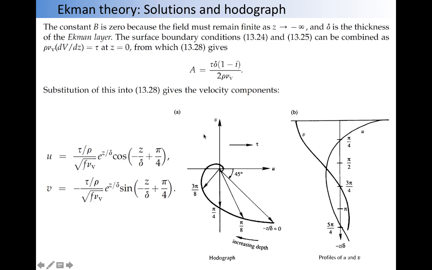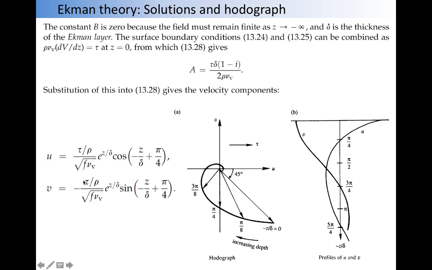In that case, if you have only tau going to the north, the spiral starts over here, with a similar pattern. So everything should be rotated 90 degrees counterclockwise. That case will be the response of the ocean to wind stress.